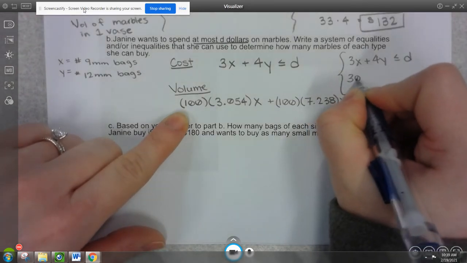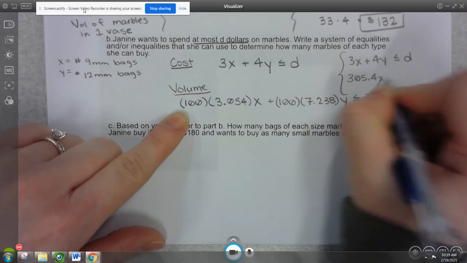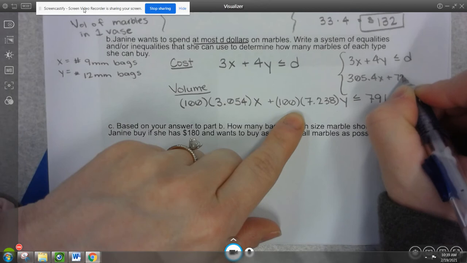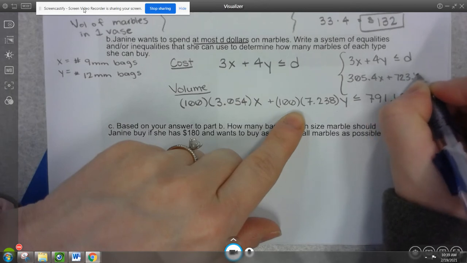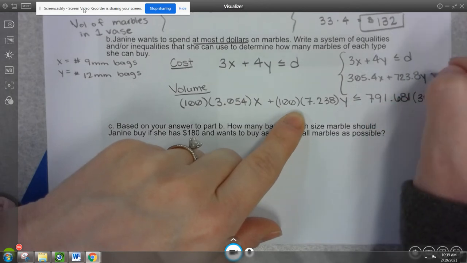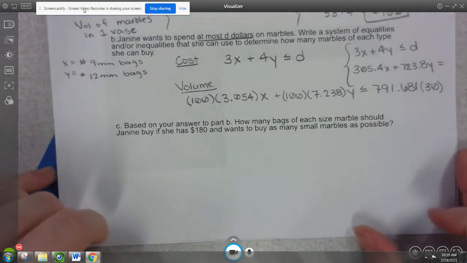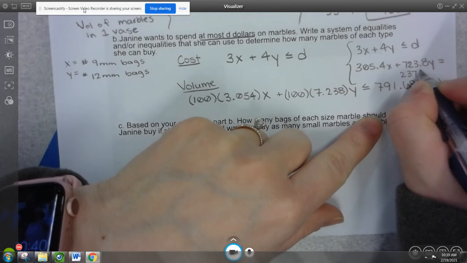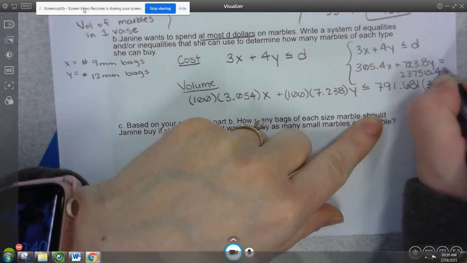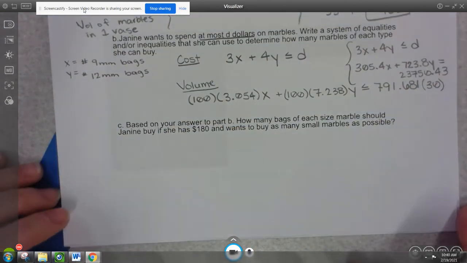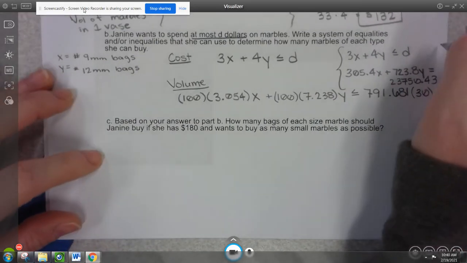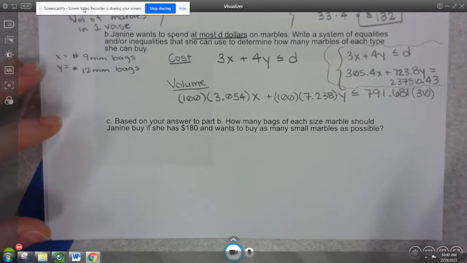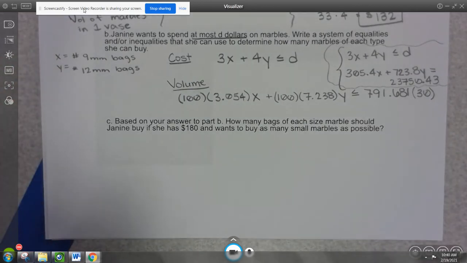So this is going to be 305.4x plus 723.8y being equal to, and of course I'm running out of room, 23,750.43. So this is my system, which got a little wonky, but you know what I'm doing.